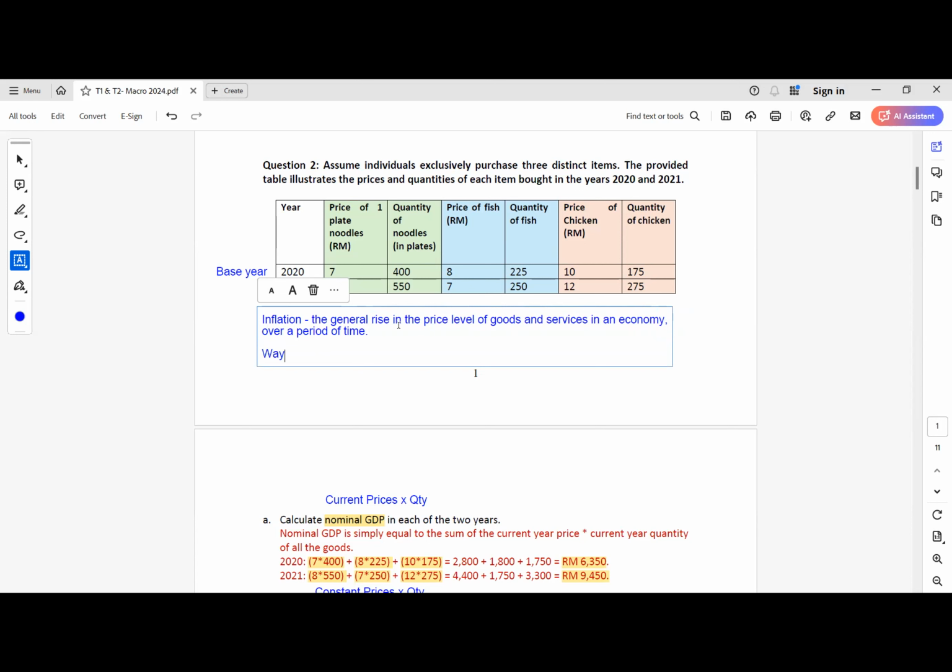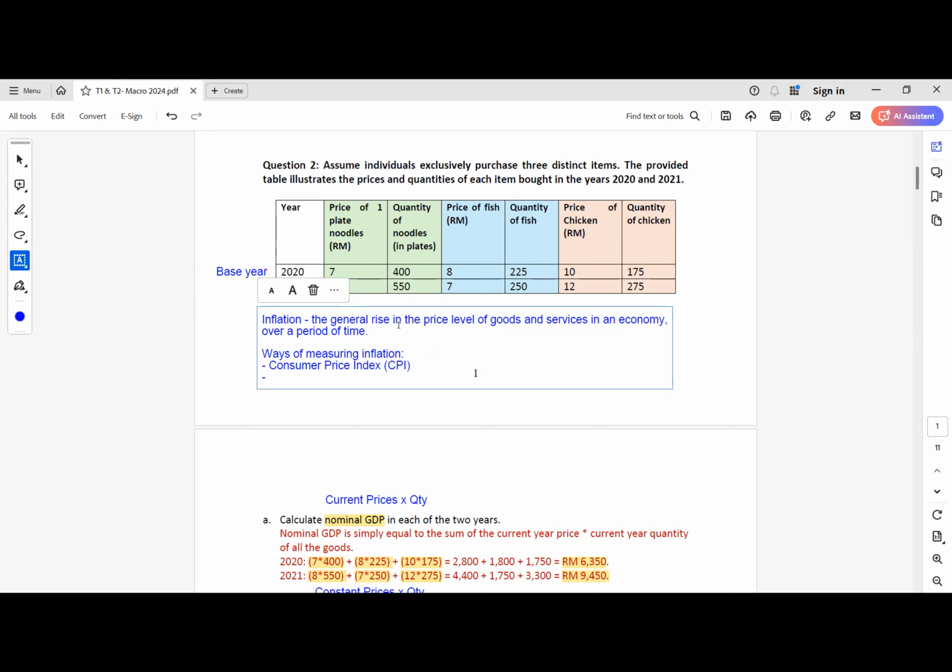Ways of measuring inflation. We can use CPI. CPI means Consumer Price Index, where I look into the average changes in the price level of a basket of goods and services.